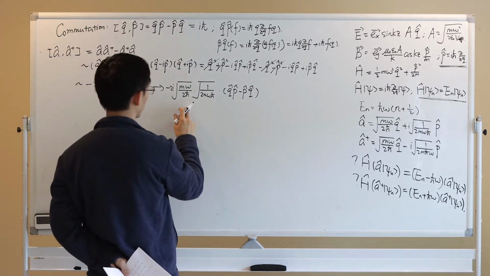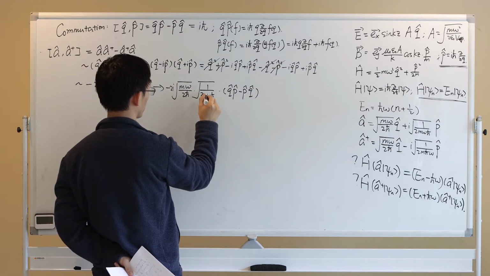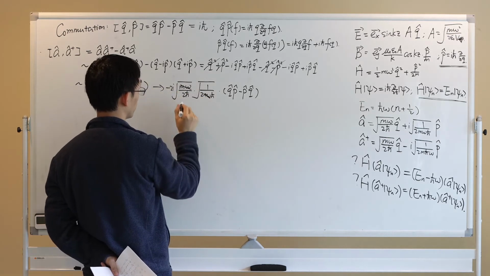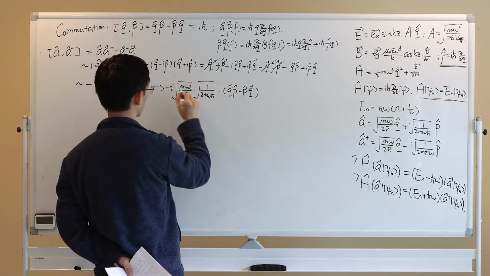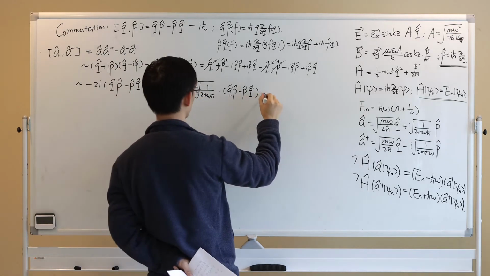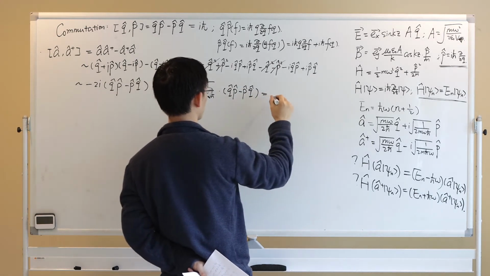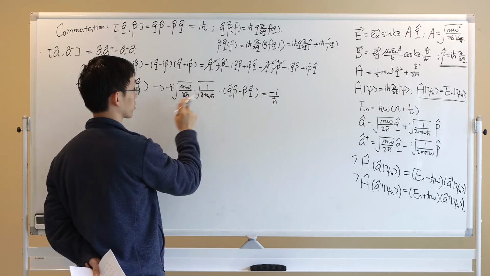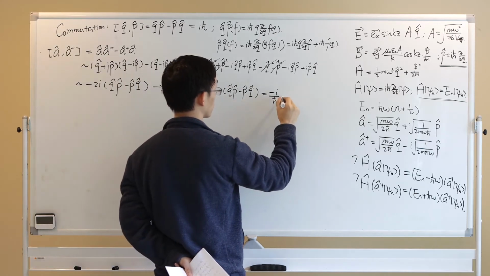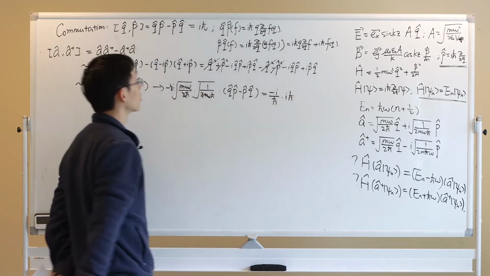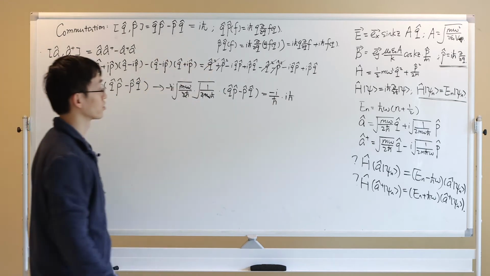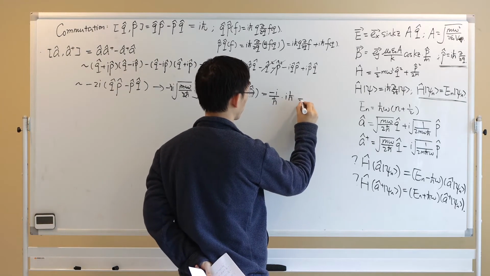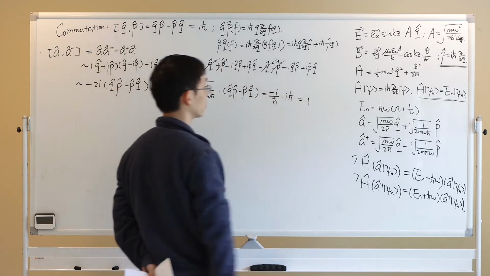So then you can cancel m omega, and the 2 and 2 cancel here. So it equals minus i, h bar, right? h squared comes out. And this one is i h here. So i times i, okay.